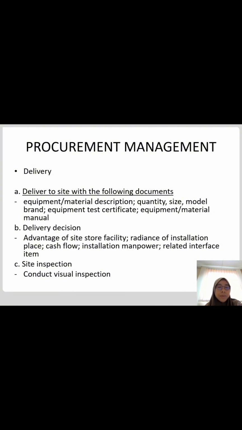So in delivery decision, we need to decide the advantage of site store facility, radius of installation place, cash flow, installation manpower, and related interface item. In site inspection, we need to conduct visual inspection.